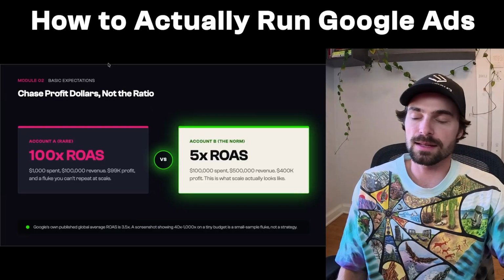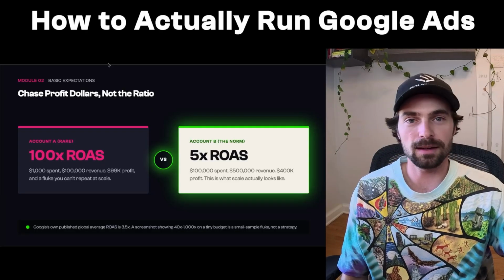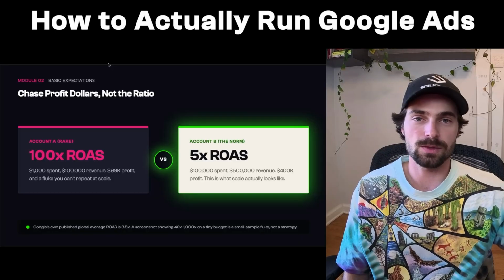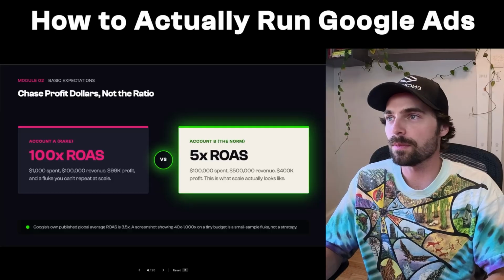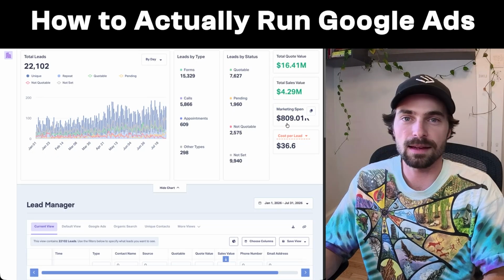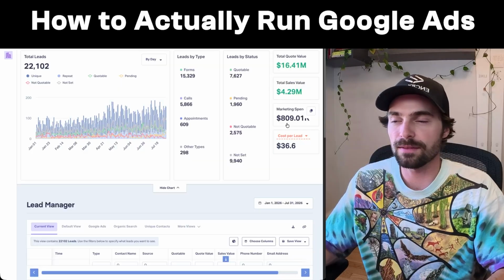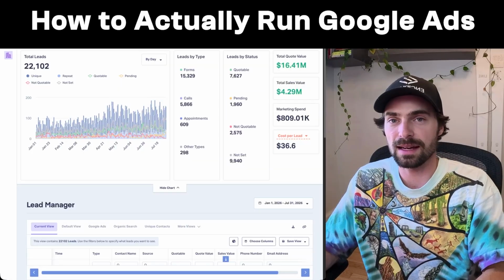And something else that I want to cover is I'm not going to be sitting here telling you guys, hey, you're going to go get 100 or 1,000x return on ad spend. You might be wondering, when I showed you this, right, we've generated $4.3 million off $809,000 in ad spend. That's like over a 5x return on ad spend, which is good, but it's not 100x, it's not 1,000x.